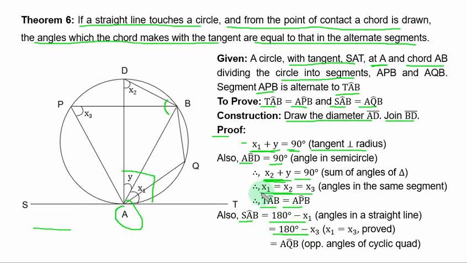From this, S1 equal to S2 equal to S3. S1 equal to S3 has been proved, and what you have here is equal to angle AQB. You have the reason: opposite angles of cyclic quadrilateral. With this, we have proved theorem 6.